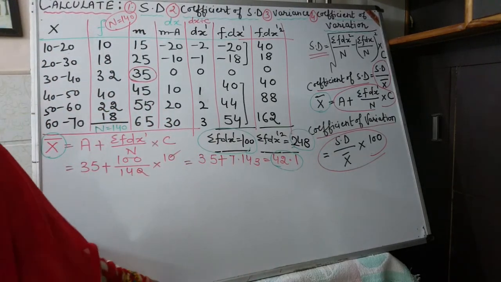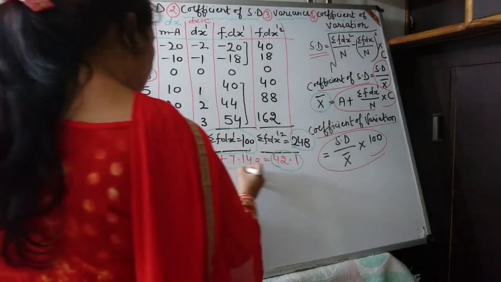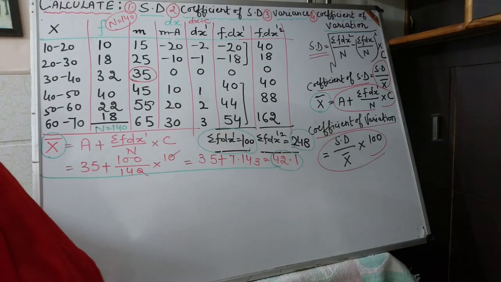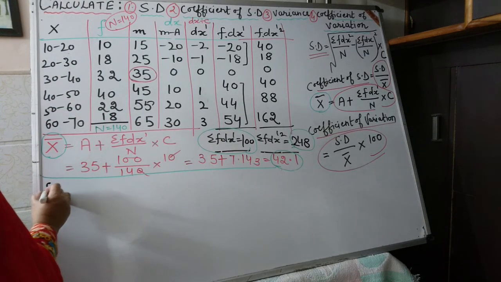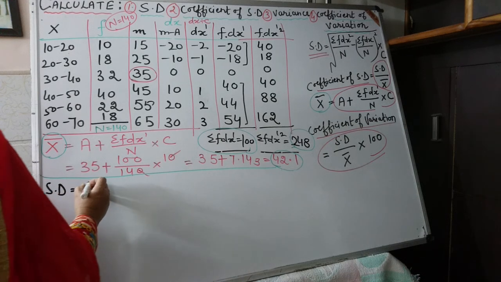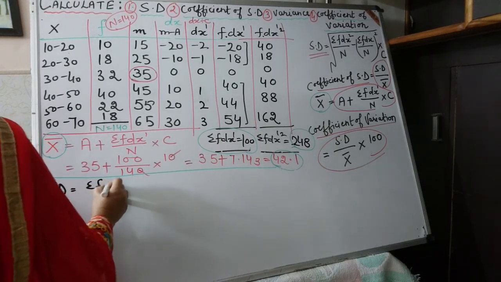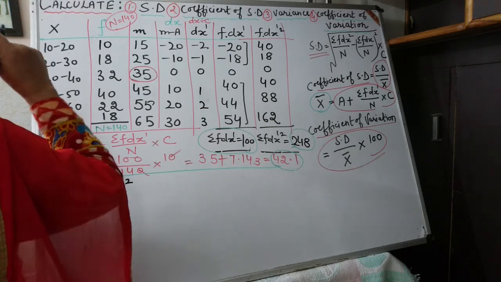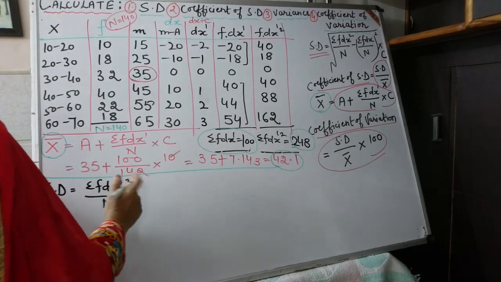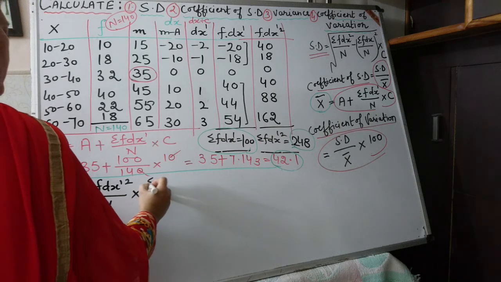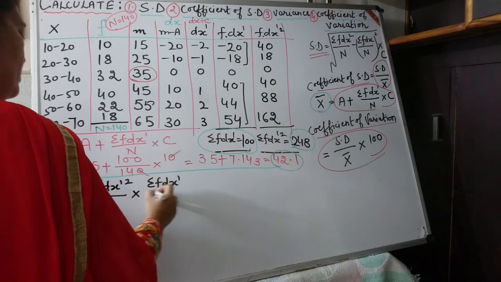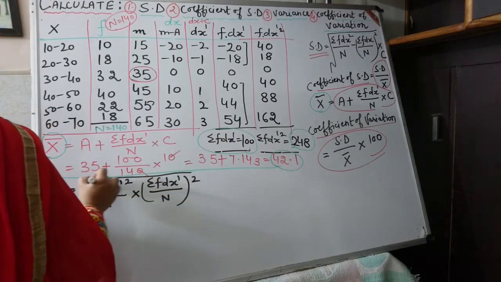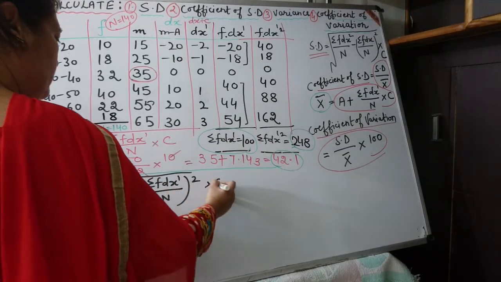Then next we have to calculate the standard deviation. Standard deviation is equal to the square root of sigma f dx dash square divided by n, minus sigma f dx dash divided by n whole square, multiplied by c.